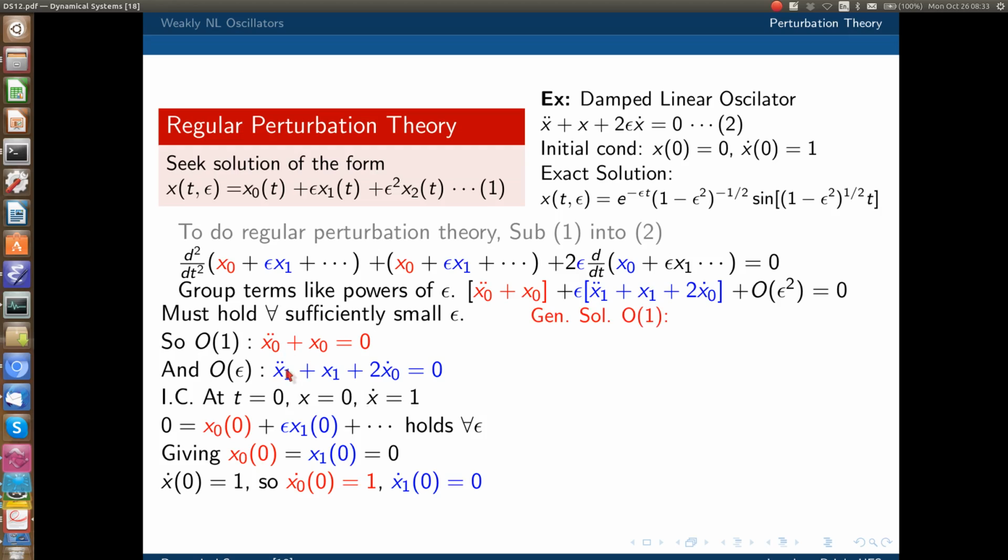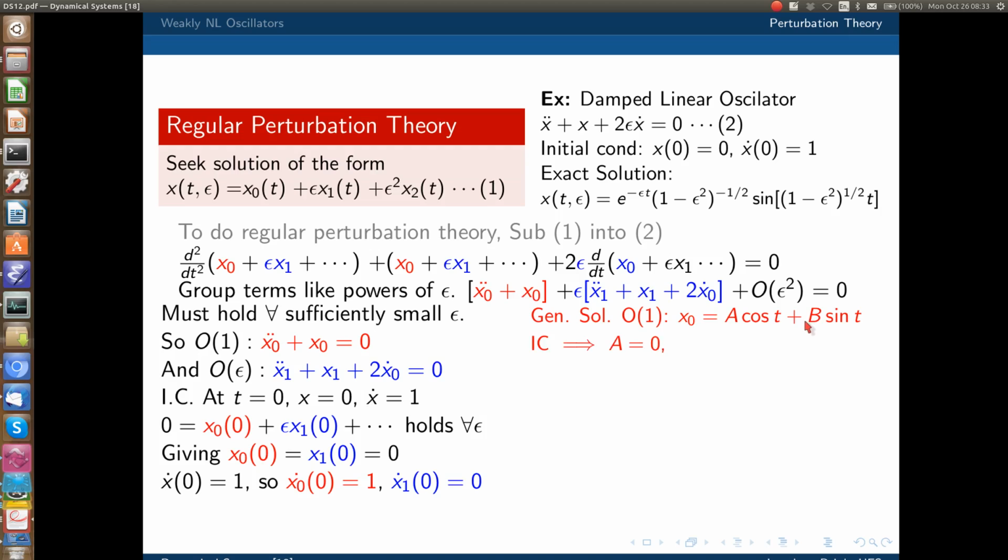Okay, so the general solution for your first term is an easy one. It's just your sine and your cosine term, because it's a harmonic oscillator, so you can write it down. In fact, it's a special case of the more complicated things we've been solving. So you just have that x0 is a cos t plus b sin t. You go about choosing the constants so that the initial conditions are satisfied.